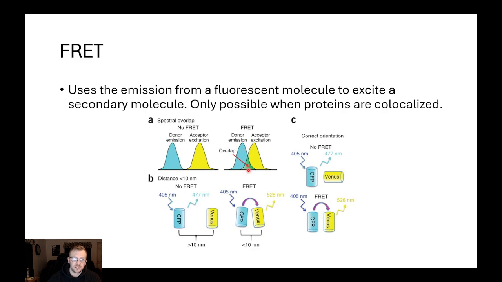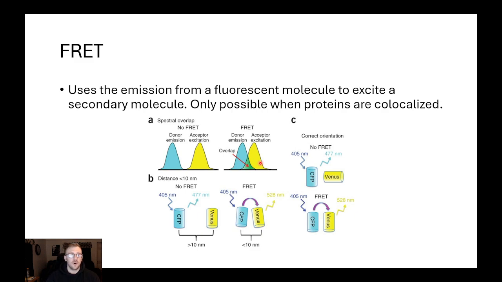So our off-peak excitation overlaps with the emission spectra of 405, so we're emitting at 477. Well, the second protein can be excited by 477 even if it's off-peak, so you're using the emission of your original protein to activate and excite protein B.